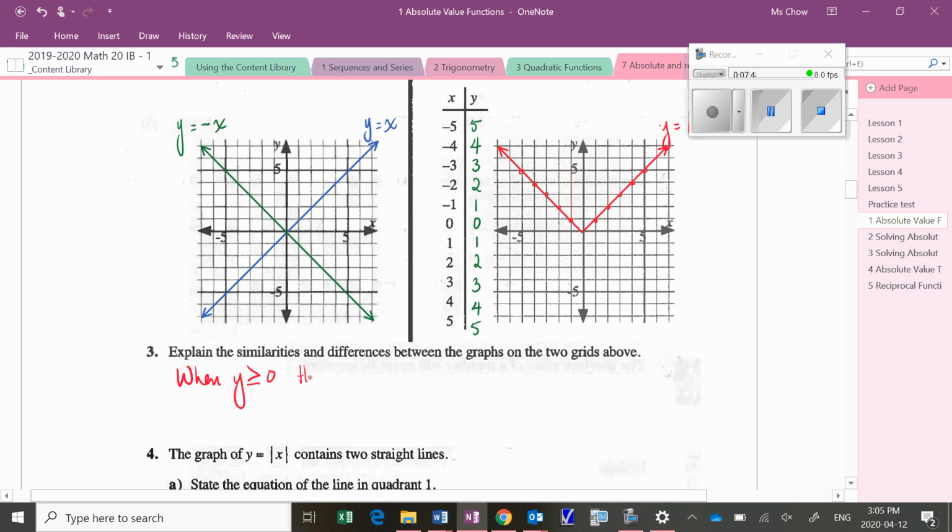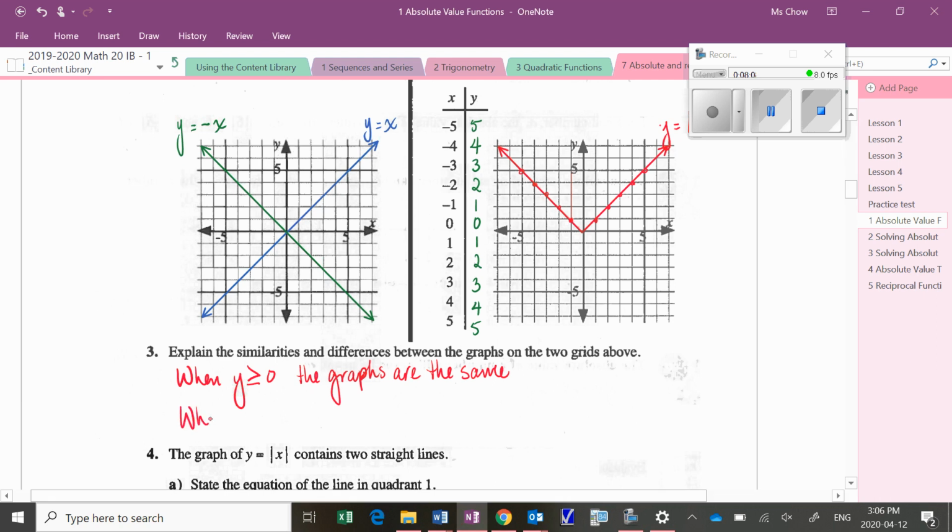the graphs are the same. Okay, or we can say it's obviously a combination of the two graphs of y equals negative x and y equals x.